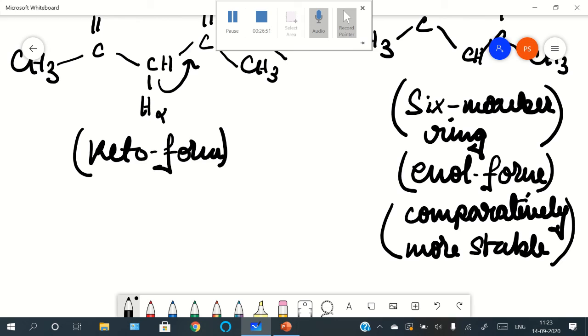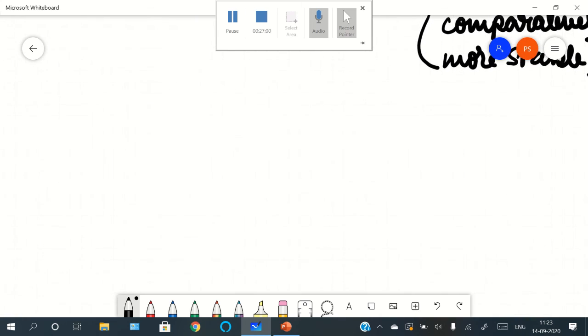Now, in stereoisomerism, the main one that we are going to study is the cis-trans isomerism in the geometrical isomerism.